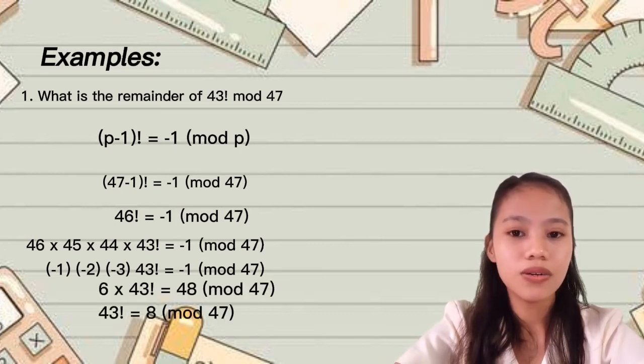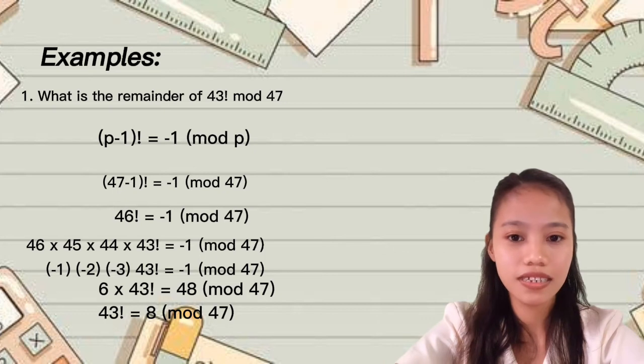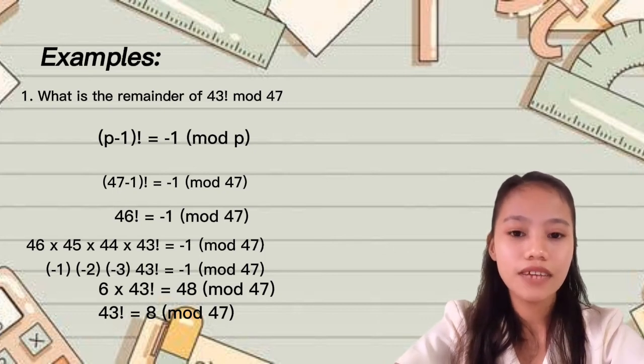Since we have negative 1 on both sides, we will divide by negative 1 and it will become positive 1. Now, negative 2 times negative 3 will become 6. So, we have 6 times 43 factorial is equal to positive 1 modulo 47.